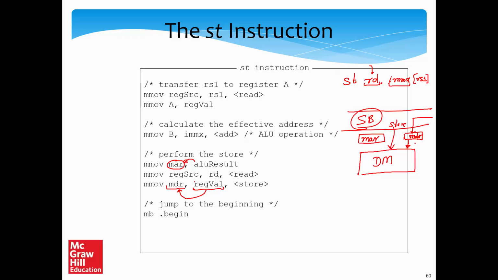Since the rest of the arguments are all there, we can in parallel initiate a store operation via the args field, and that will store the data to the data memory. Well, then we are done. We just have to jump back to the beginning of the preamble for the next simple RISC instruction.